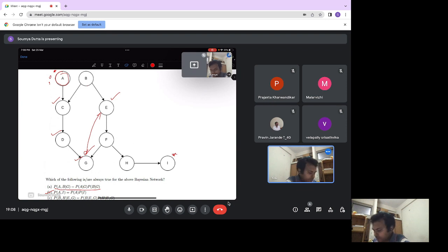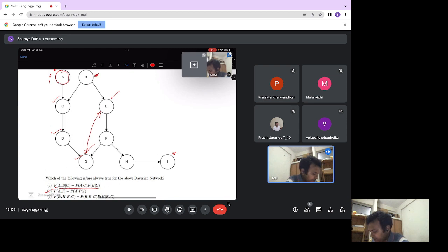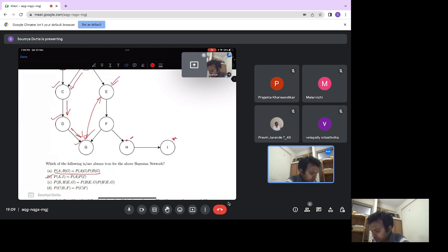From the graph you can see that if E and G are given, then you can think of F as becoming known, because F is directly affected by E. But E and G being given doesn't mean B becomes independent of H, because B is also affecting C, C is affecting D, and D is affecting G. So B and G are still related in some way, and just by the knowledge of E you cannot separate out B and H. Therefore B and H cannot be independent of each other, even when you know E and G.